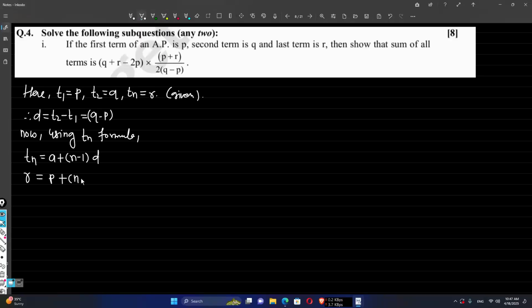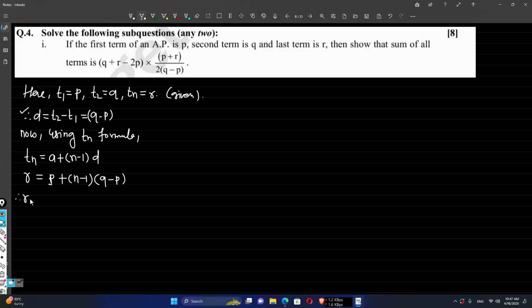plus, since we have to find the value of n, let us keep this bracket (n minus 1) as it is, times the common difference Q minus P, as we already found. Now let's simplify this to find the value of n. This P on the right hand side will go to the left hand side and become negative.